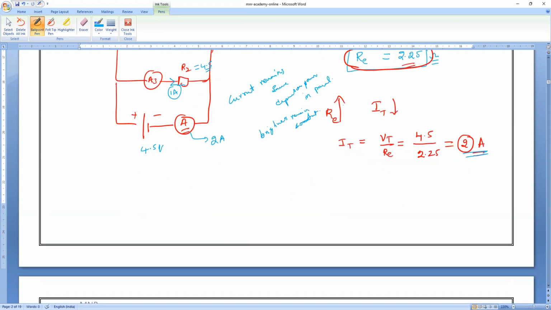Now I1 is equal to V divided by R1. V is still 4.5 and R1 is 4.5 only, so the current passing is 1 ampere. Remember that.